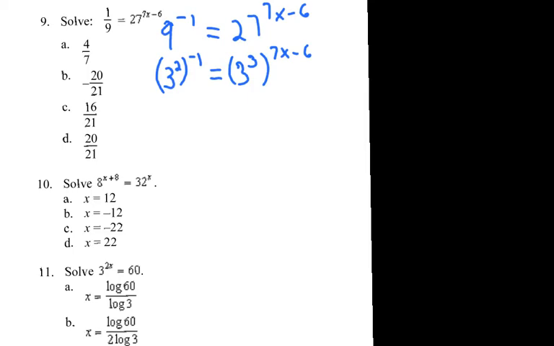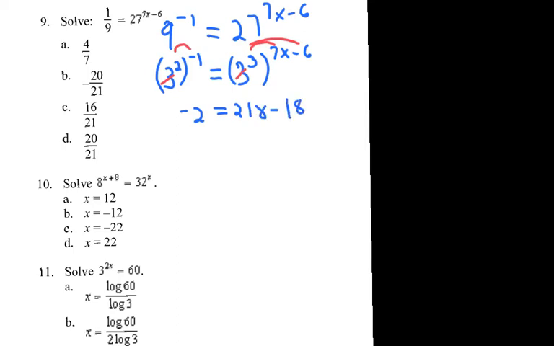When the bases are equal, you can cancel the bases. You're going to multiply the exponents. Remember, you have to distribute the 3 to the 7x and the 6. So you multiply, minus 18.